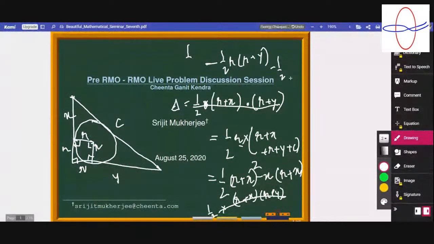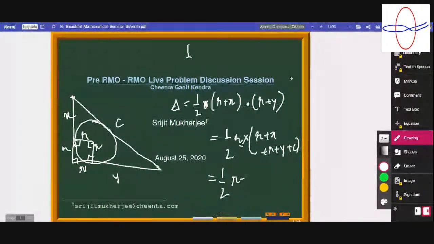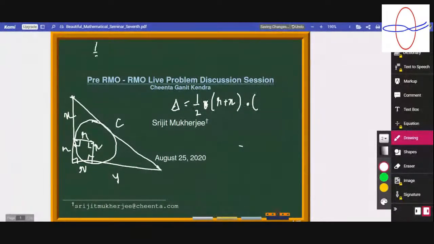Wait, I'm doing some calculation errors. Let's try to write it clearly. Half into R plus X plus R plus Y plus C.